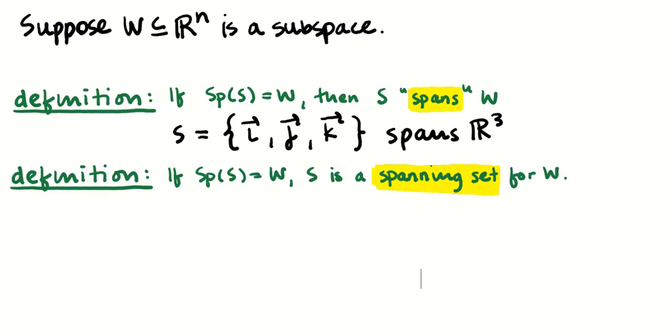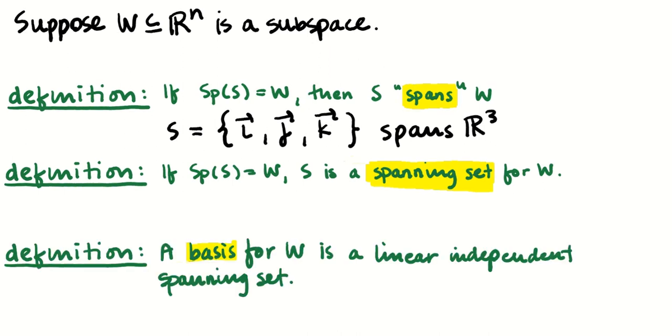And we could call S a spanning set for W. These things together lead us to the idea of the basis. We'll say that a basis for W is a spanning set that is also linearly independent. So it's somehow a minimal spanning set, and we'll see how this works in a few minutes.